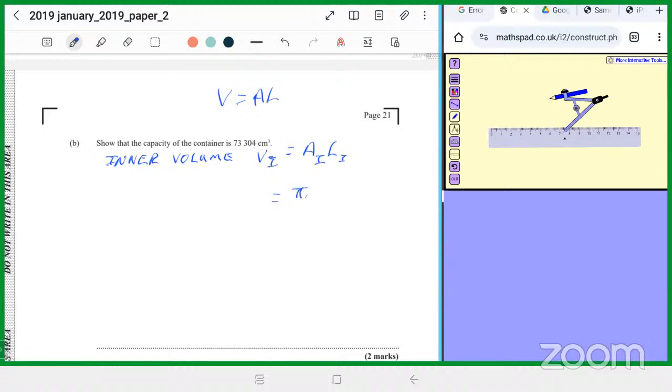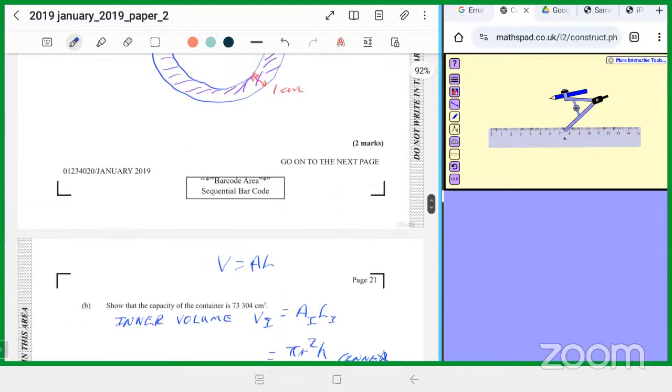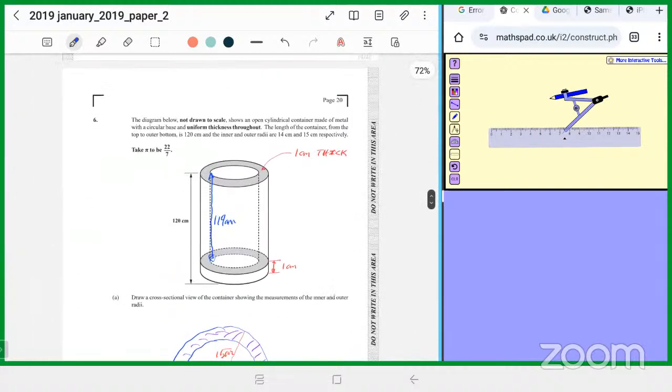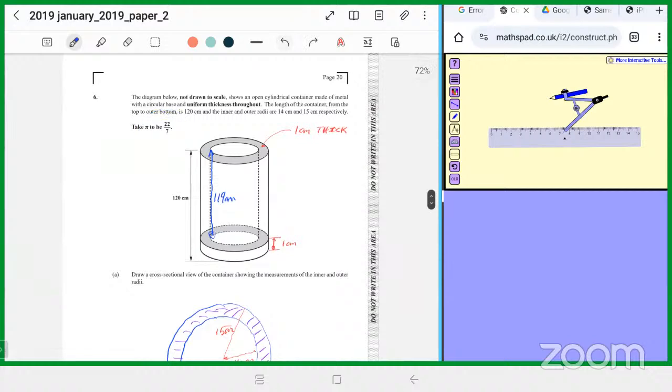Let's write it: pi r squared h, and the length was 119. Let's put all of this as the inner, talking about the inner dimensions, right? And I must use pi as 22/7. You can see it there, 22/7 for pi.